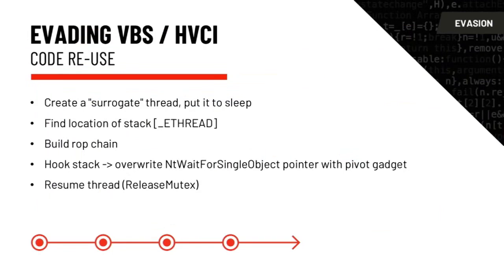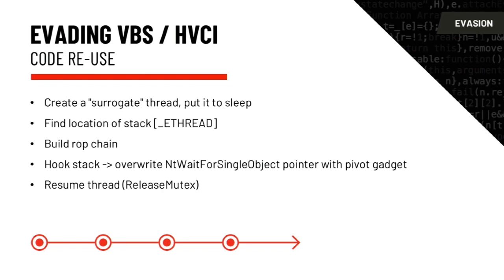But for actually weaponizing this, we got an idea from a Keen Team presentation from Recon in 2015. They talk about doing kernel stack hooking. So we have this read-write primitive, and we thought, we can do kernel stack hooking in order to get code execution while we're running under HVCI. The way this works is you create a surrogate thread and put it to sleep by waiting for a mutex.